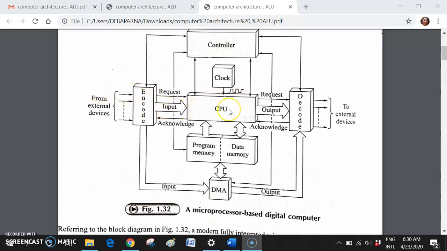For that we use a multiplexer. See, first the encoder is there, so whatever data is coming will be coded, that means converted into a binary stream.